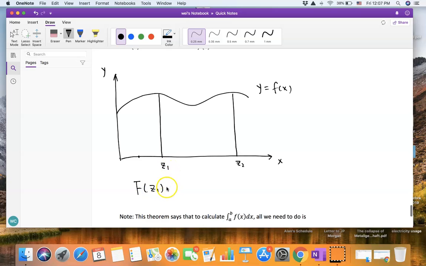Now z1 is a variable. So the function is defined as the integral from 0 to z1 of f(x) dx. The function value is represented by this region.